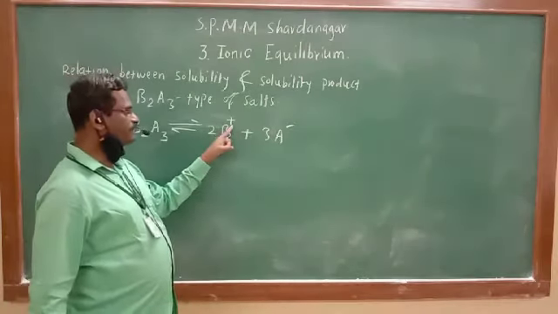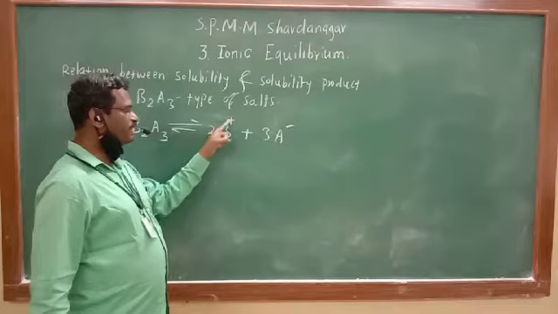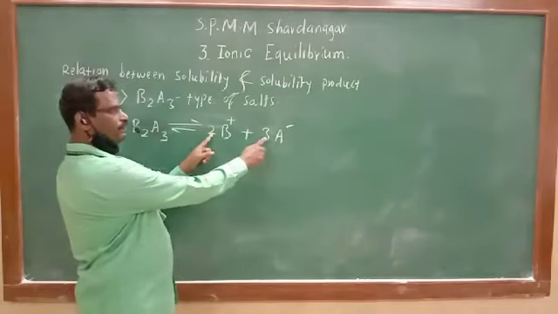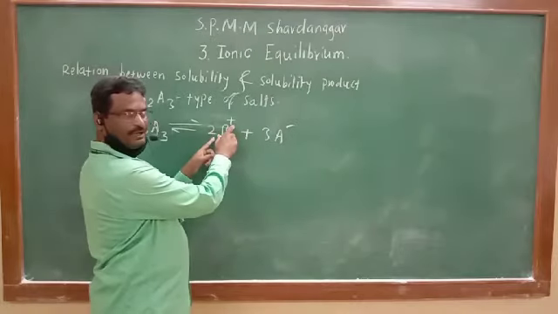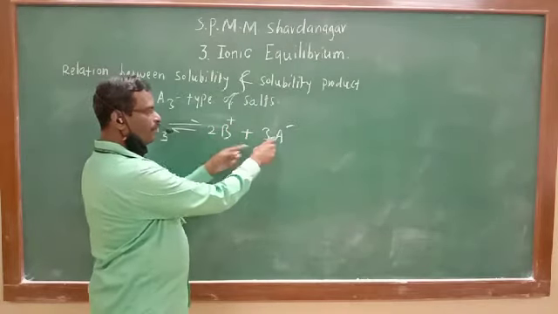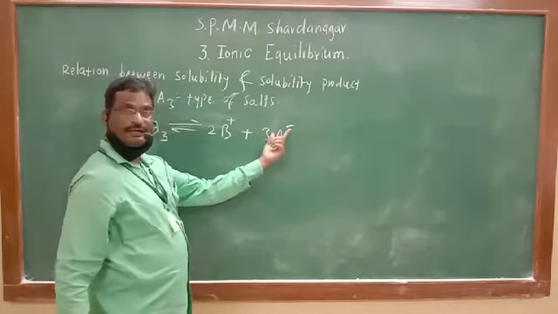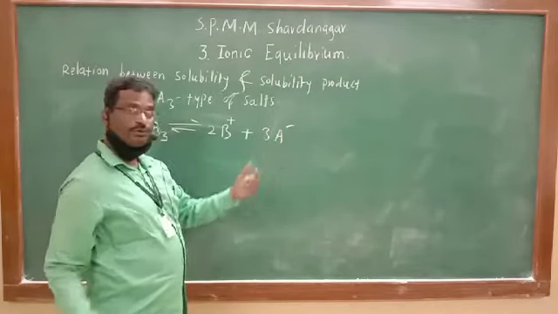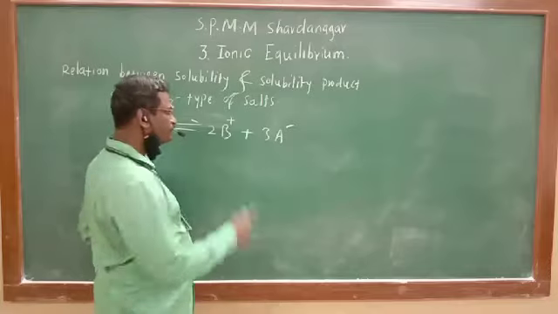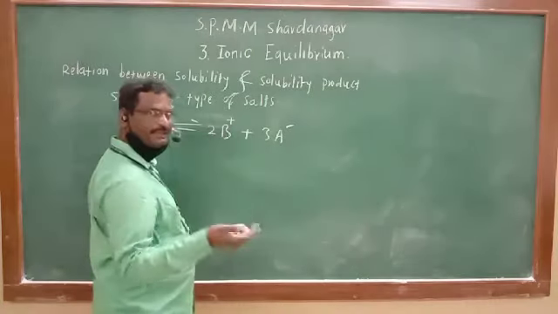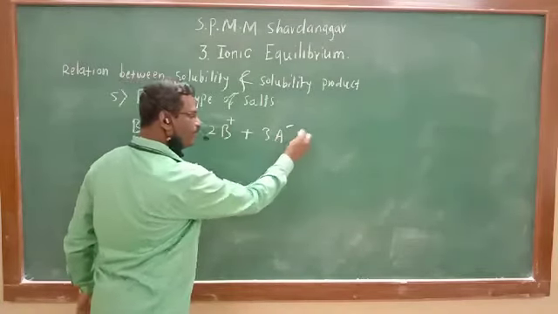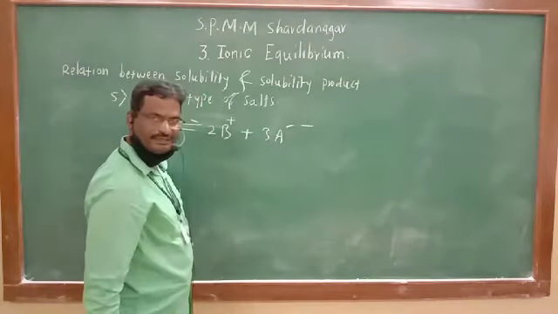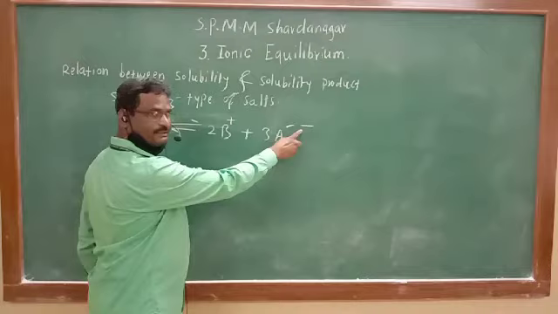See, B has positive charge. So how many positive charges are there? 2 positive. But 2 positive charges are over here. But here, these are the negative charges. How many negative charges? 3 negative charges. So we have to balance them. 3 into 2, that will be 6. So 3A minus minus. Now how many negative charges are there totally? 3 2s are 6.